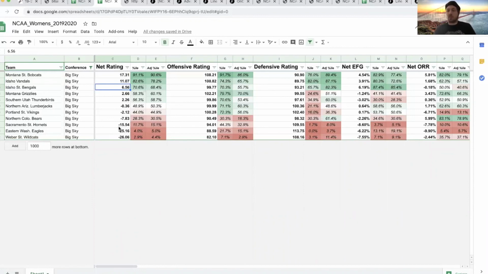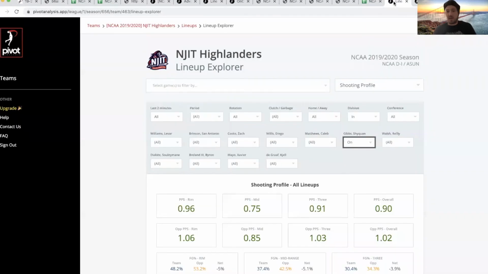Being able to quickly pluck those teams out, punch them into the spreadsheet here, see how they compare to their peers, see whether or not we think that they under or overperform based on their net rating or some of these other fundamentals, and then drill in a little bit on the lineup side and see what's actually happening to the team when the seniors or the transfers are leaving.